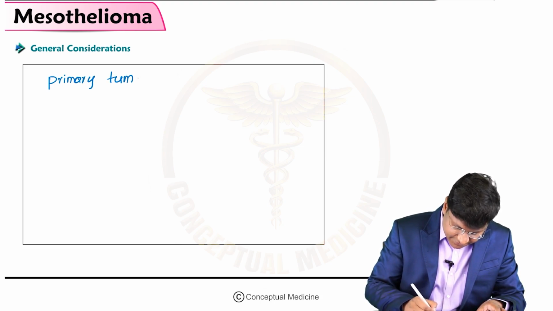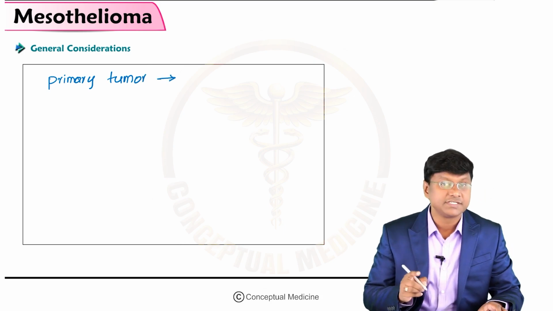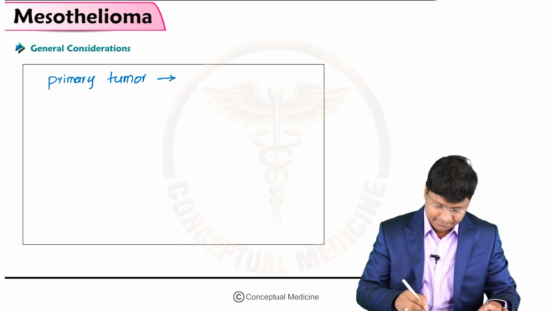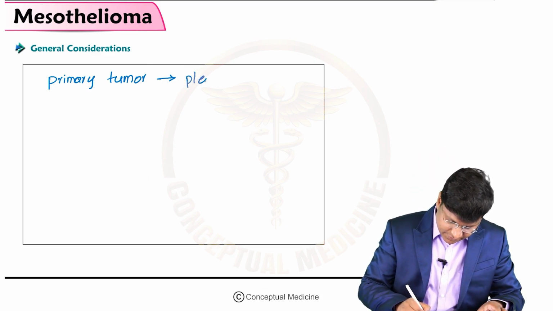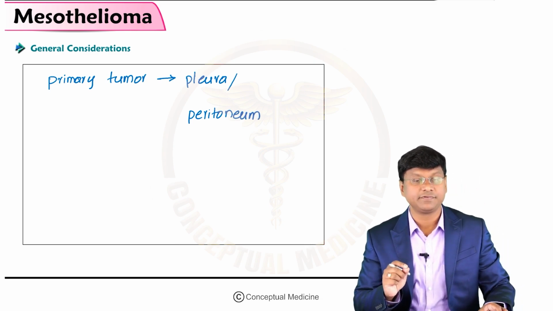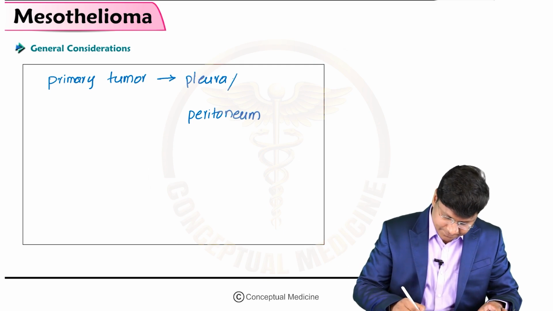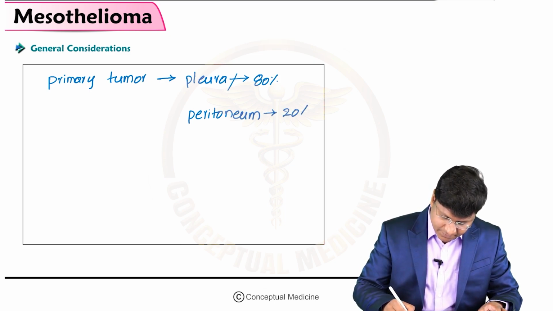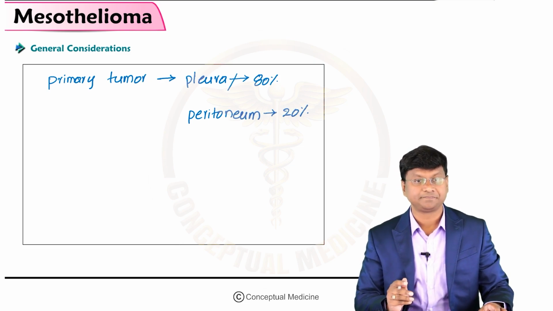It is a primary tumor which is arising from the surface lining of the pleura or peritoneum. The primary tumor arising from the surface lining of the pleura is seen in 80% of cases, whereas from the peritoneum it is 20% of cases.